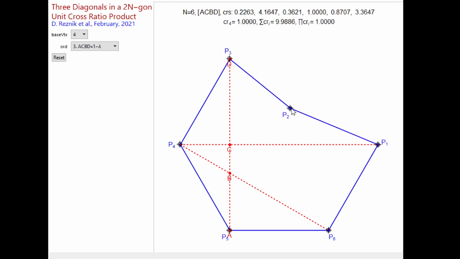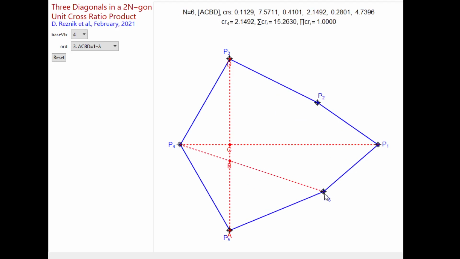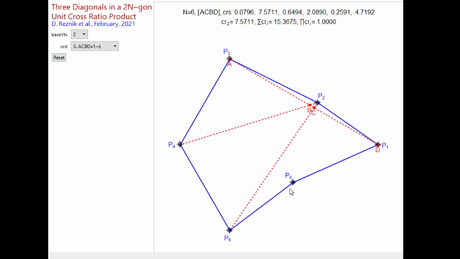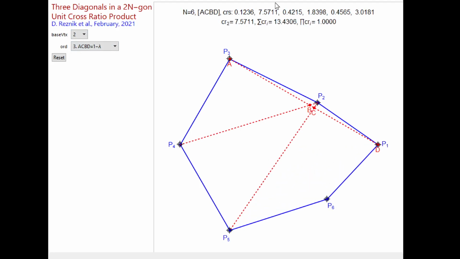Okay? Let's go ahead and move another vertex around. Let's move this vertex around. Now you can see that as before, the second cross ratio over here is at 7.57, because if I look at the construction with respect to the second vertex, when I move P6, I'm not affecting that construction. So that means that this number is going to stay constant. But what's magical about this is that the product, regardless, stays at 1.